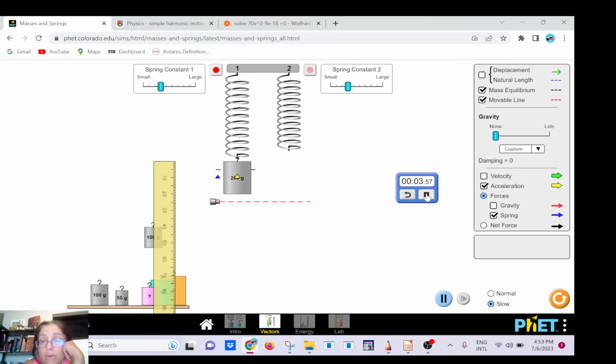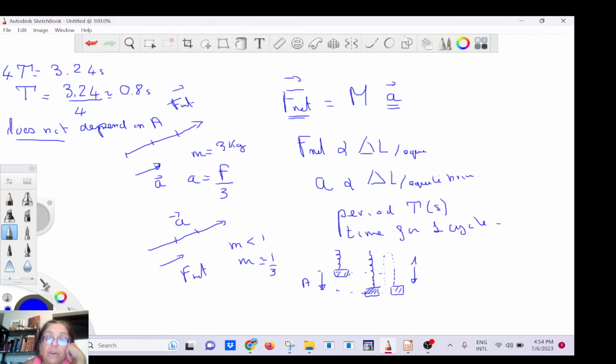You see, we are over 3.24, and that's going to be 4 cycles. So about 5, right? So now we have that 4 cycles will take about 5 seconds something. So the period increases when the mass increases, right?